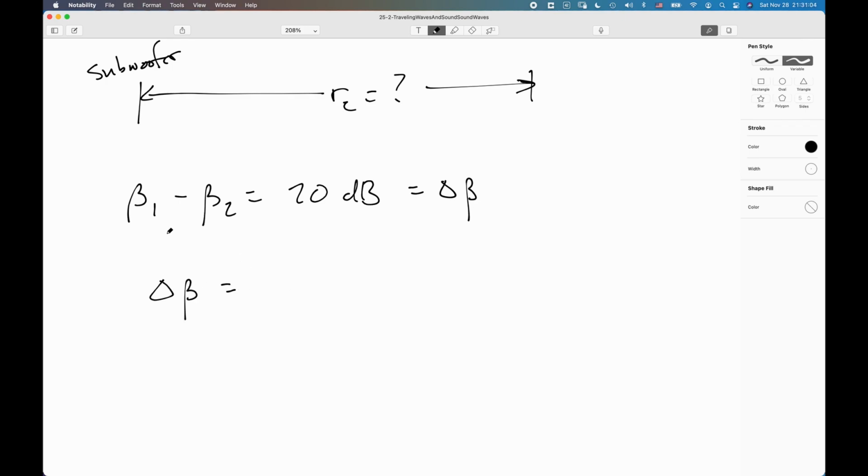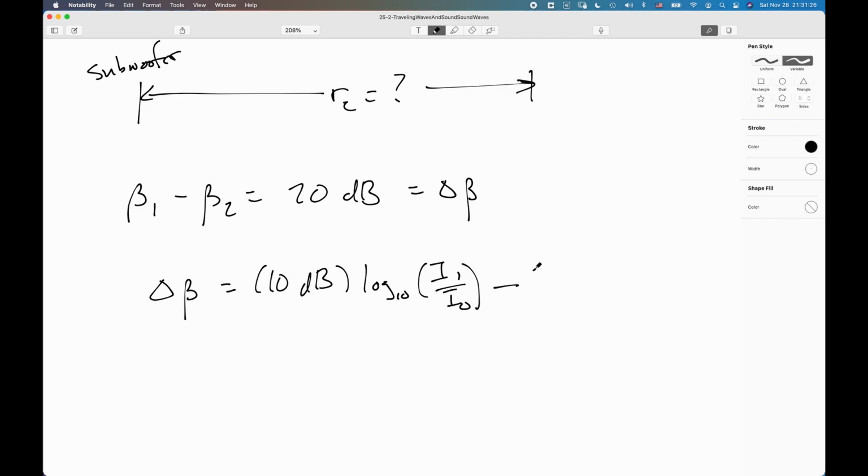So what's this going to be? It's beta 2 minus beta 1. So beta 1 minus beta 2. Beta 1 will be 10 dB times the base 10 log of I1 over I naught.